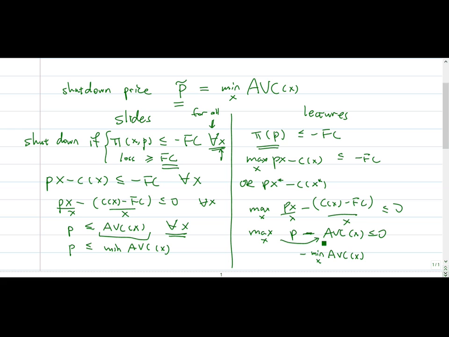So that's the main mathematical argument. When you want to move the max operator inside a minus sign, we change it into a minimum. So P stays there, and this is less than or equal to 0, and then you can move it to the other side, which then you see that these two are exactly the same.